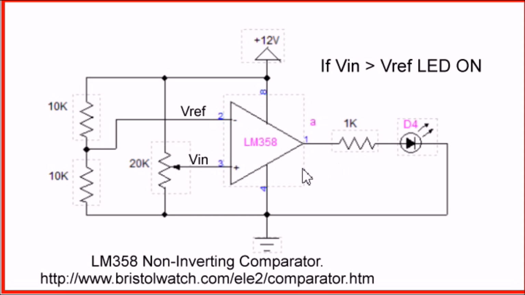When it's off, it's near 0. So, a little simpler, no bipolar supplies to put up with, and this LM358 will work down to 5 volts, which could make it easier to connect to a microcontroller. But we can do a little bit better than this.